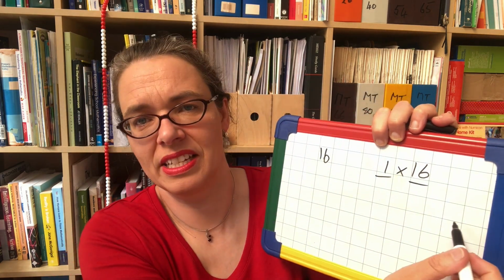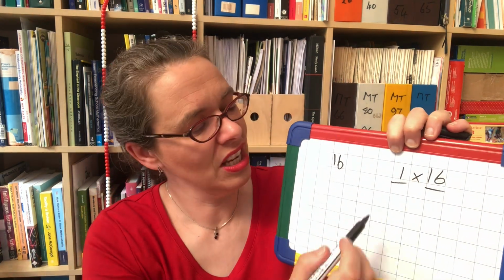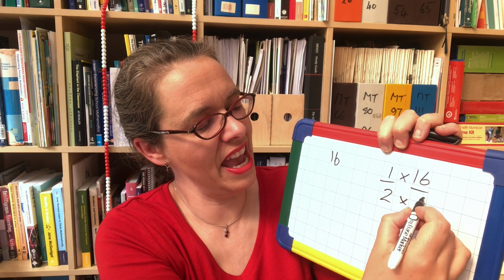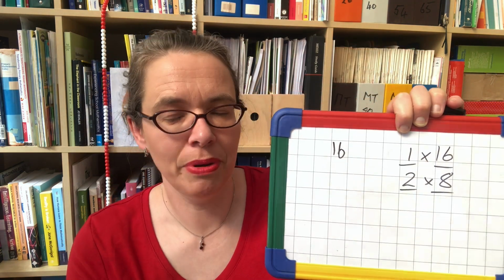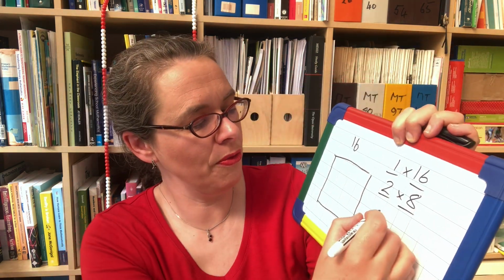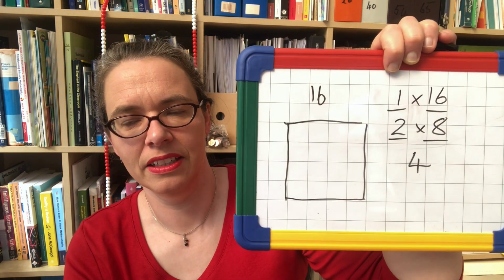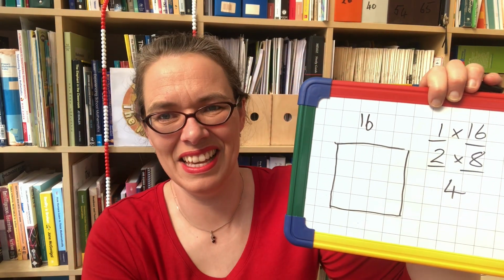You'll also get a rectangle that's 2 squares high and 8 squares long, or the other way round, and that shows you that 2 and 8 are factors and 2 and 8 are a factor pair. But you will also get a square that's 4 by 4, and that shows you that 4 is a factor, but there's only one 4 because both sides are the same length.